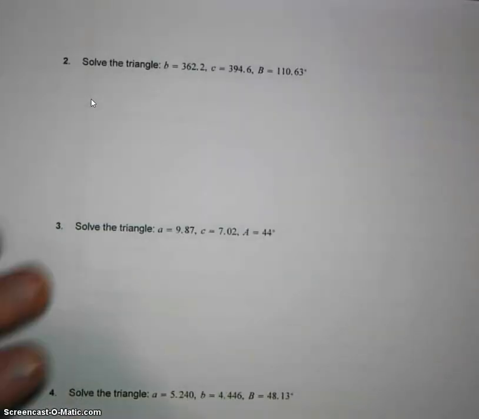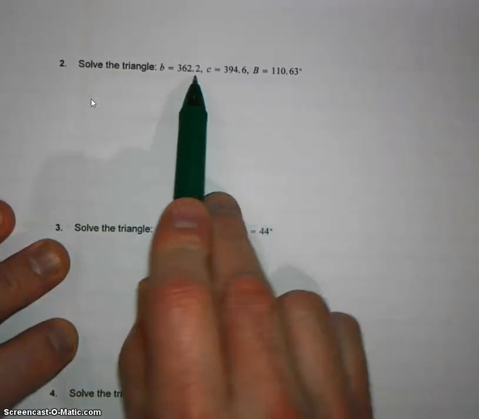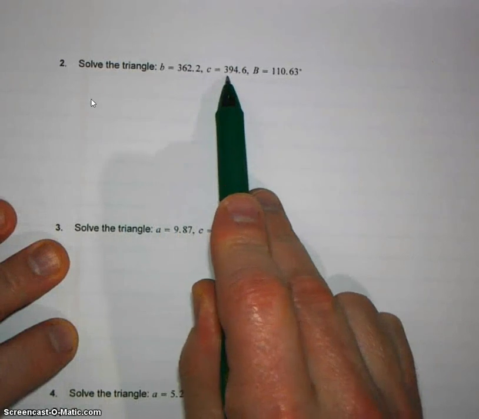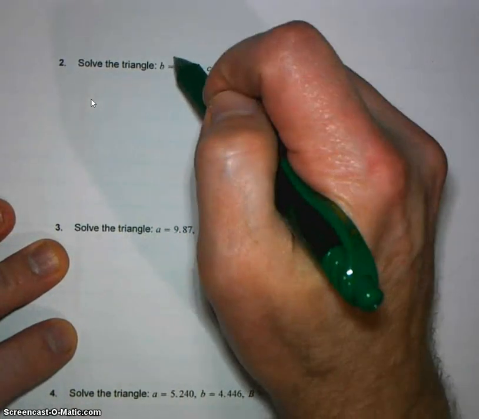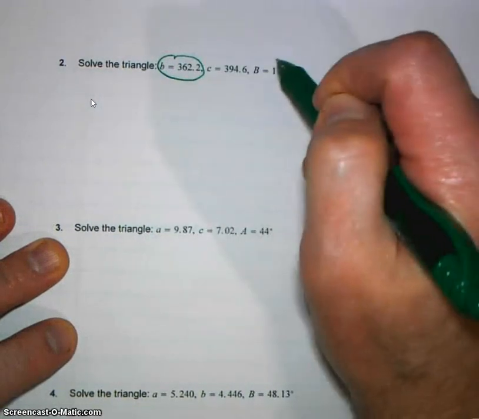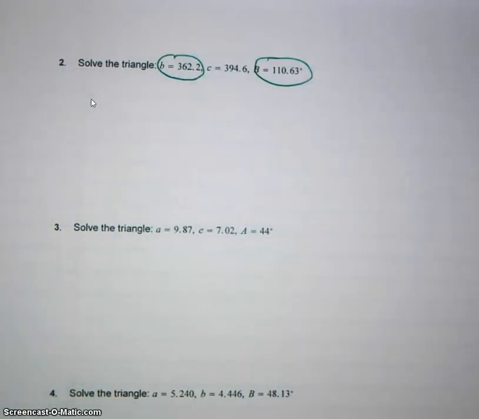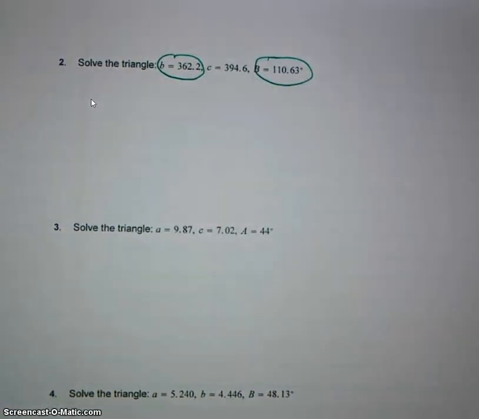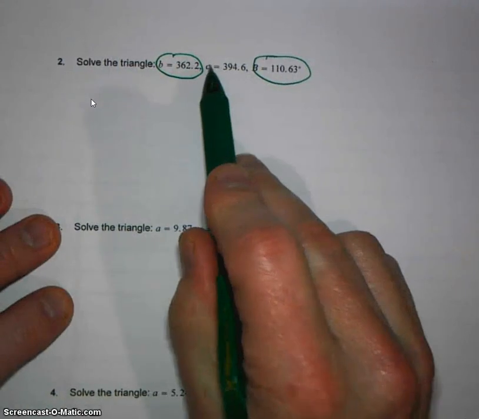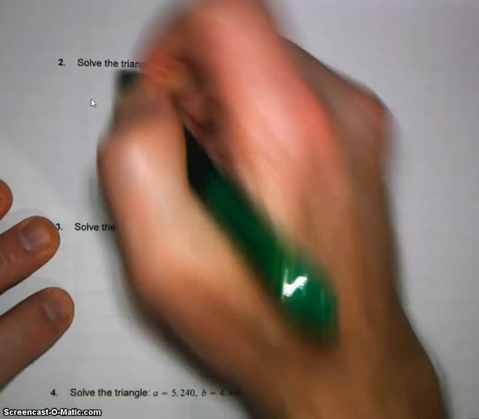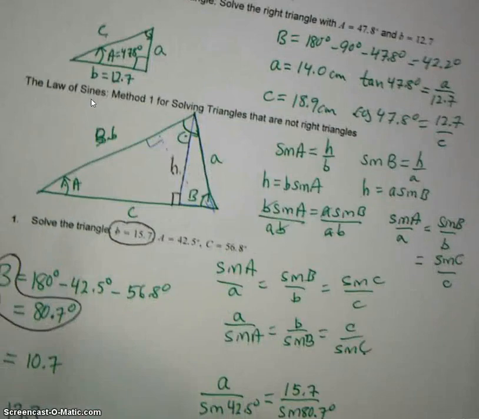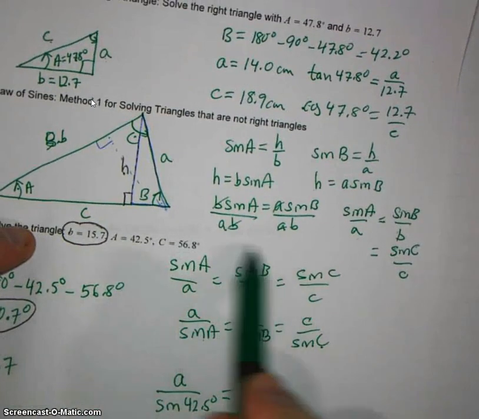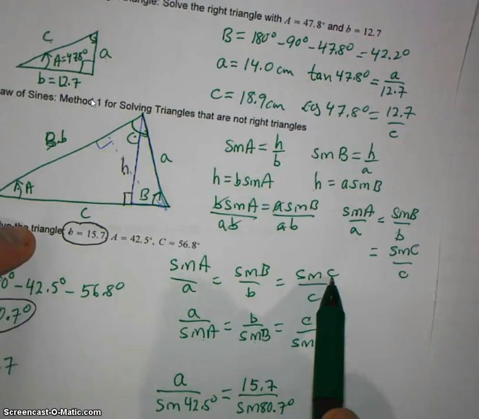We have little b being 362.2, little c 394.6, and big B being 110.63. Again, the key is that I have a pair. I've got a little b and a big B. That will allow me to solve for big C. So I'm going to use this version of the law of sines because I'm looking for big C, so I want the sine up on top.